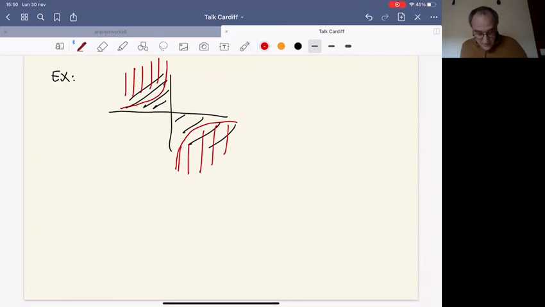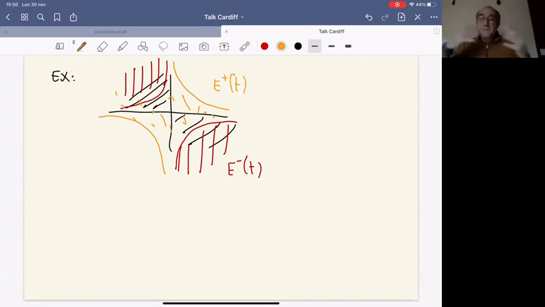In general, for many kernels, I don't want to say for all kernels, this is E minus of t, and this is typically E plus of t. For example, for mean curvature flow this is the case, but it's the case also for the fractional mean curvature flow. And so you see, all the E plus of t always contain all the E minus of t, but never the other way. E plus of t is always bigger than all the E minus of t. So that's the typical example.